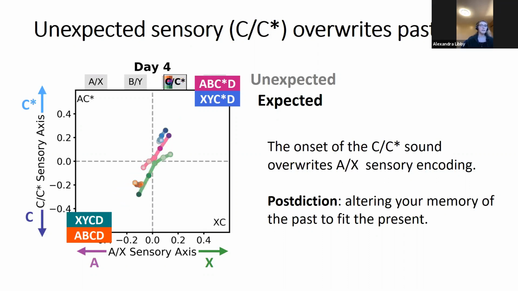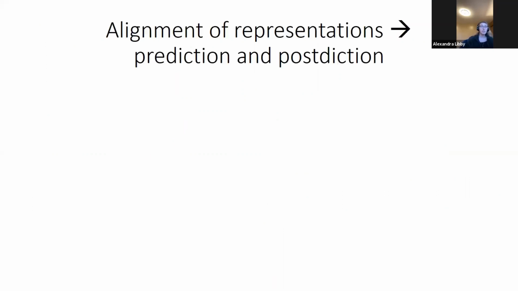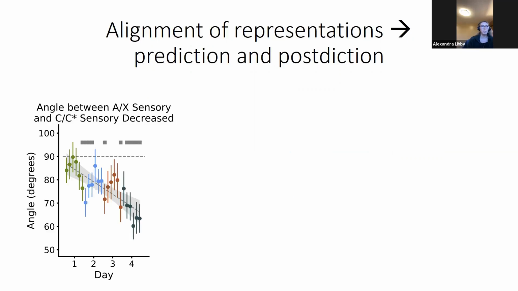Okay, so basically what I was saying is we're calling this phenomenon a post-diction because other people have talked about that word with respect to anytime your memory of the past is altered to fit what's happening in the present. So just to review, we see this alignment of representations. Here I'm showing again the angle between AX sensory and C/C prime sensory, this time within day and across days.